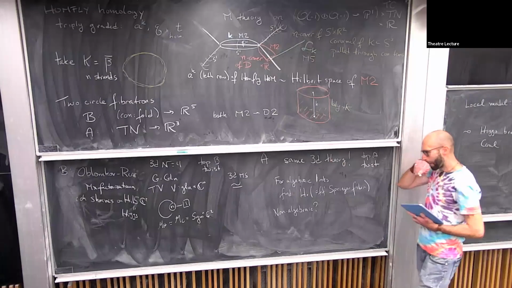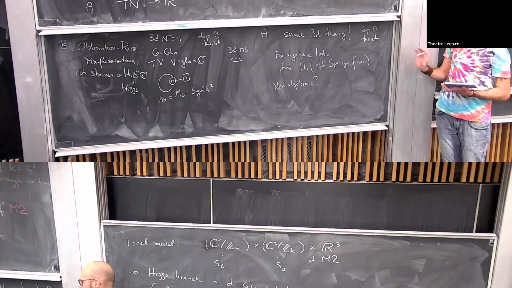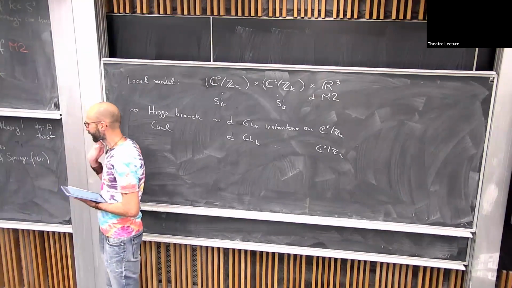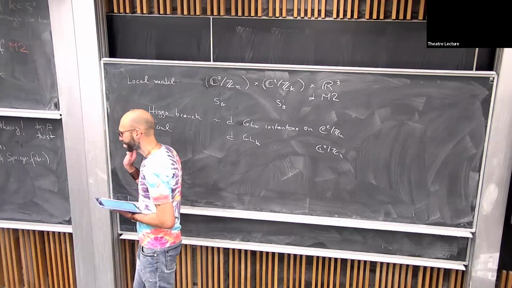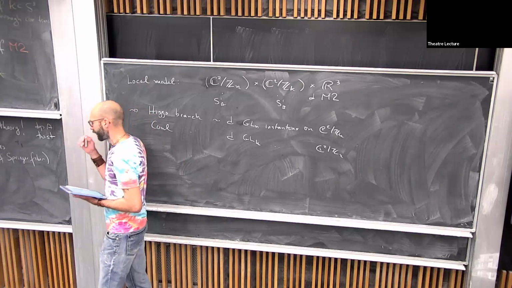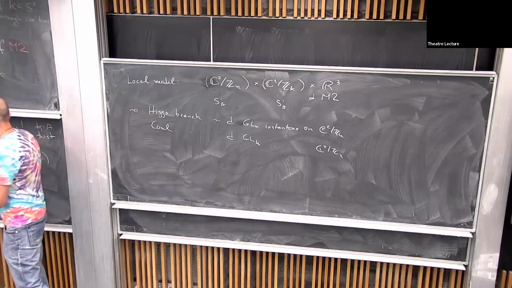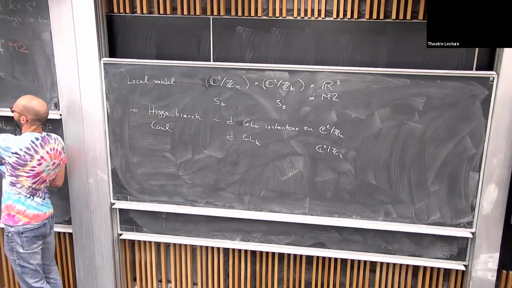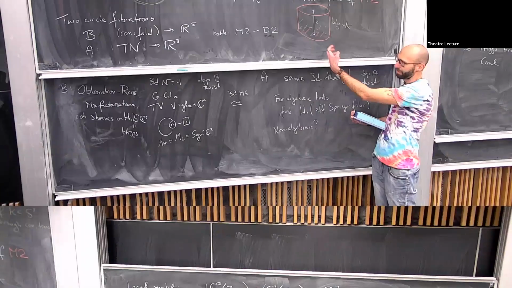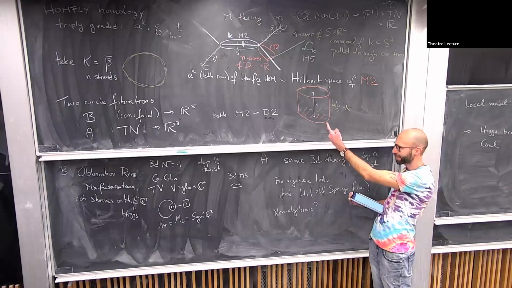Things that ought to come out is a representation of the braid group in a 2-category, and that on one hand would tell us, taking appropriate traces, how to get the space.